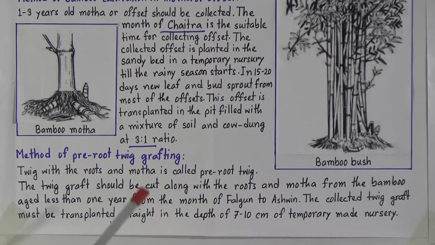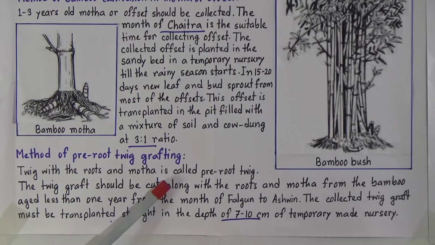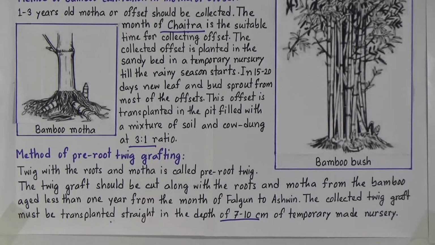So remember, we will cut the roots and motha from the bamboo which is less than 1 year, and the collected twig graft must be planted straight in the depth of 7 to 10 centimeter in a temporary made nursery.